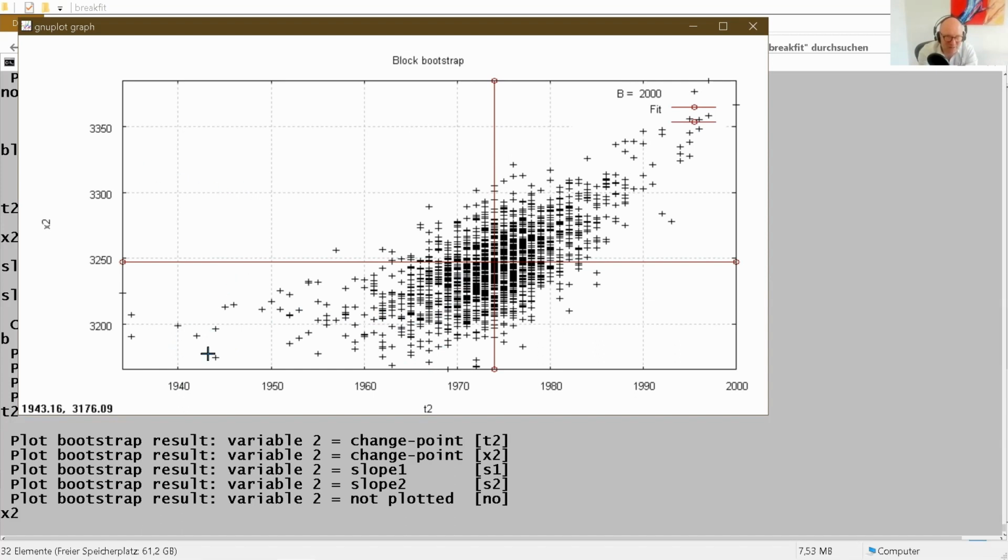On the other hand, if your change point is pretty late, 1980 or 1990, then your X2 values would be more larger than smaller. So there's some orientation here, and one can, in principle, give such plots.